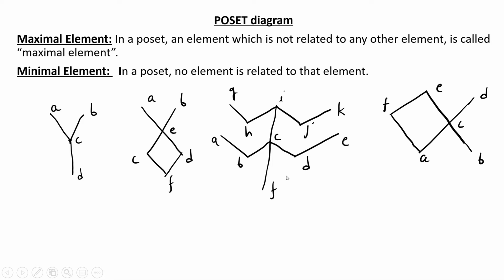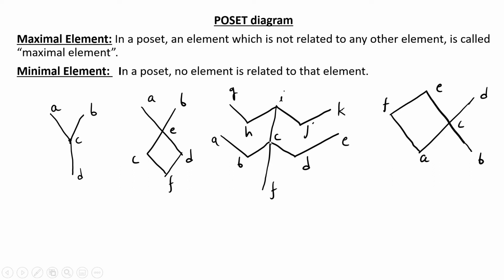Here you can see F is related to C, B is related to A, B is related to C, D is related to C, D is related to E, then J is related to I, C is related to I, H is related to I and G, then J is related to I and K. So here G is maximal, I is maximal, K is maximal, and A is maximal because A is not related to any other element.